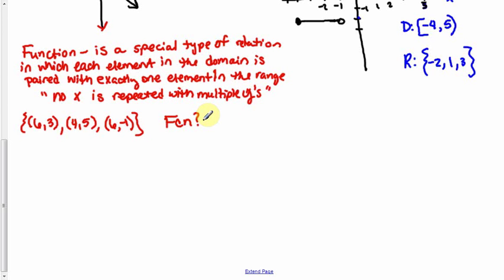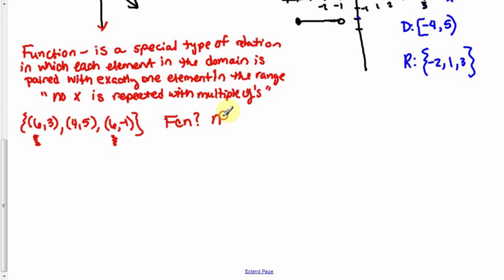Is there an x paired with more than one y? What about the x value of 6? It's paired with a 3, and it's paired with a -1. Therefore, it's not a function.